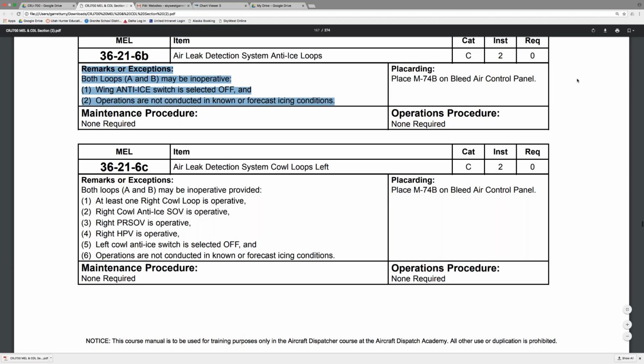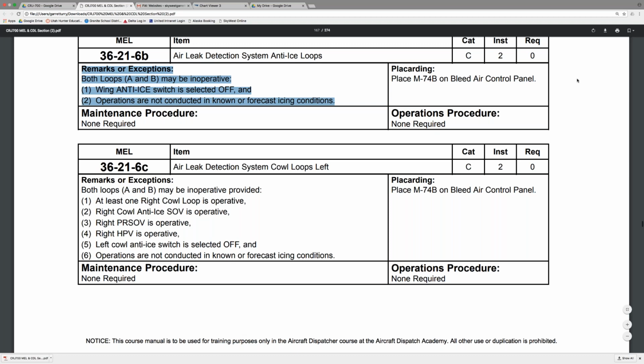The anti-ice system uses the bleed air system, which is why you have the 310 flight restriction. Yes and no. Pressurization as well.